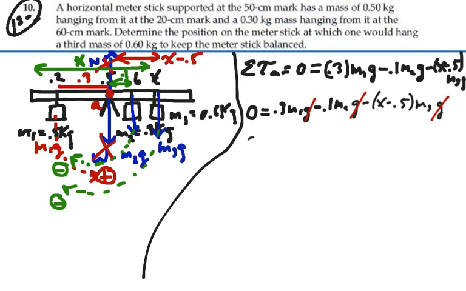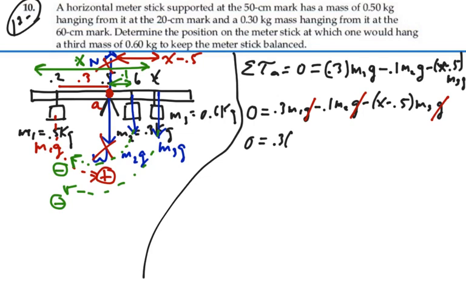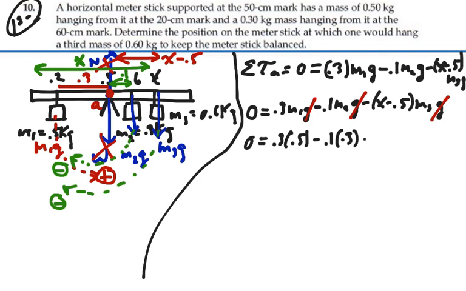So I have 0 is equal to 0.3 times mass 1, which is 0.5, minus 0.1 times mass 2, which is 0.3, minus x times mass 3, which is 0.6, plus 0.5 times 0.6.